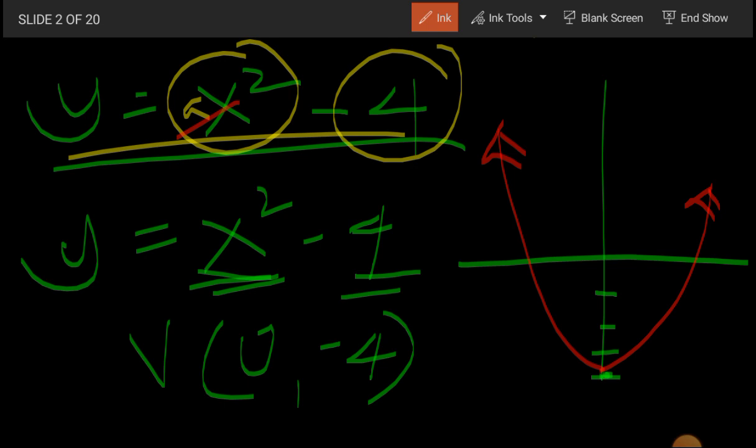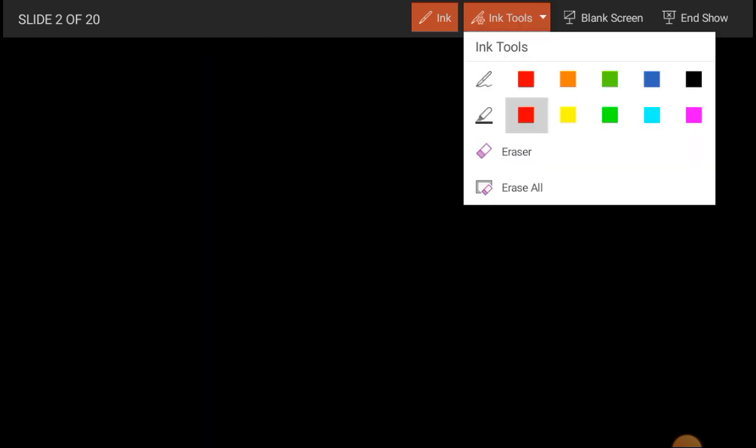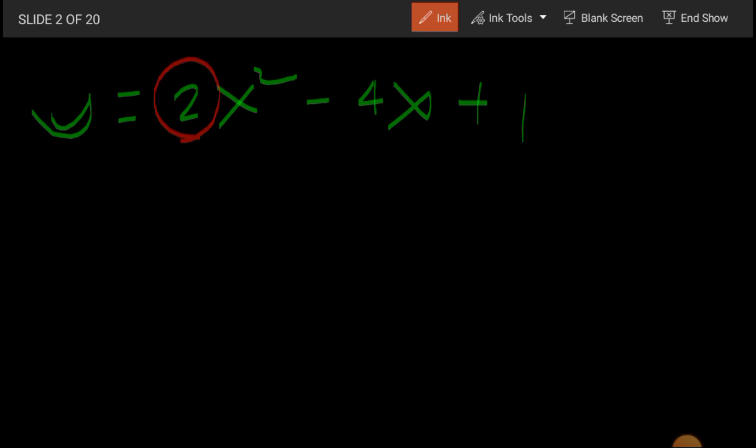Okay, now what if the case is y is equal to 2x squared minus 4x plus 1. As you can see, there is an a here which is greater than 1.